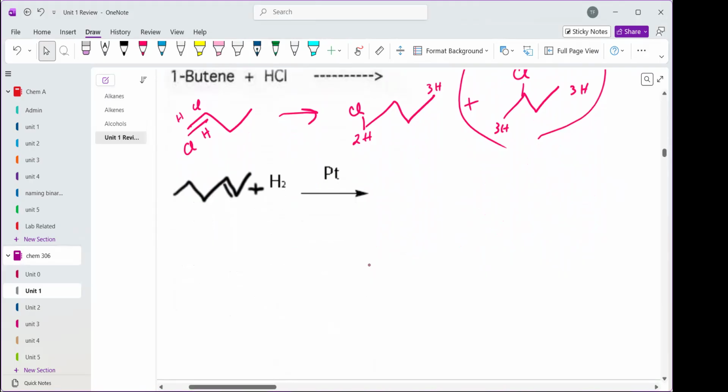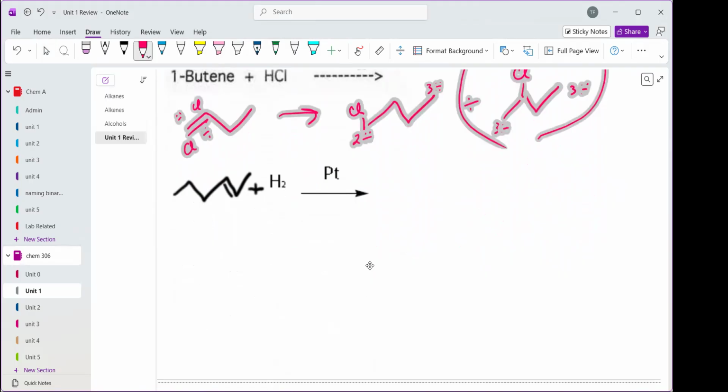Okay, so now we're adding a homogeneic additive across the double bond. So no mixture. So the H is going to go here and here. So 1, 2, 3, 4, 5.